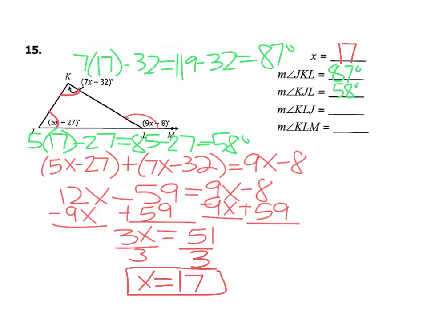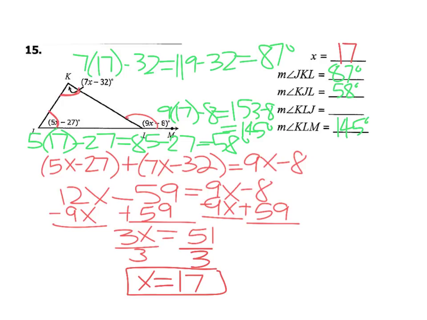Then if we plug it into the exterior angle, 9 times 17 minus 8. 9 times 17 is going to give us 153 minus 8. That equals 145. So the measure of that exterior angle, KLM, is 145.